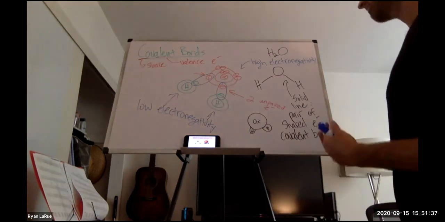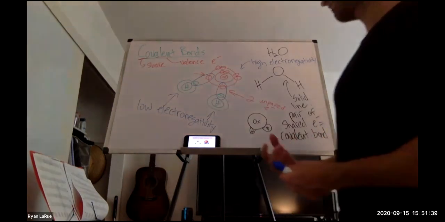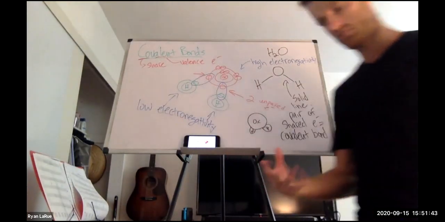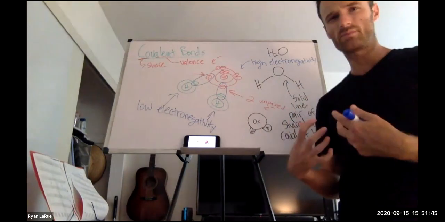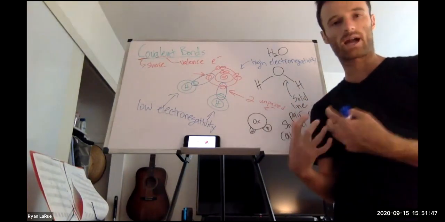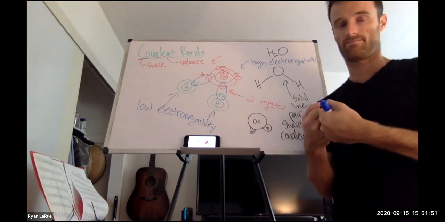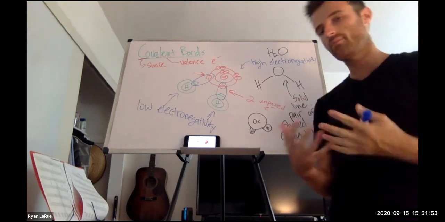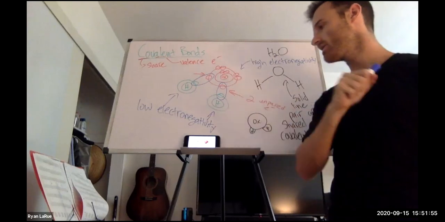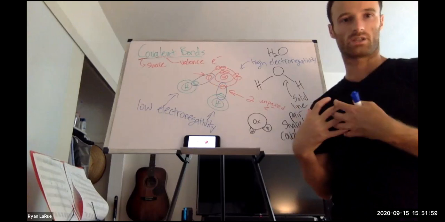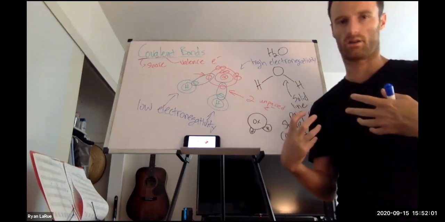Okay, what does that mean? Electronegativity is a measure of an atom's tendency to attract electrons or pull them closer to that atom. So what that means is because oxygen has a high electronegativity, electrons love oxygen. Oxygen is this electron hog, okay?